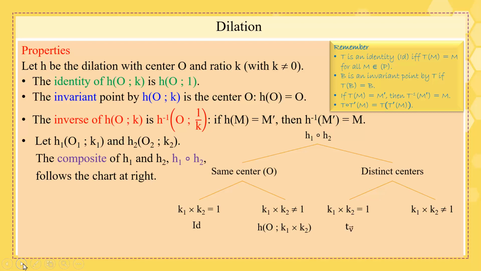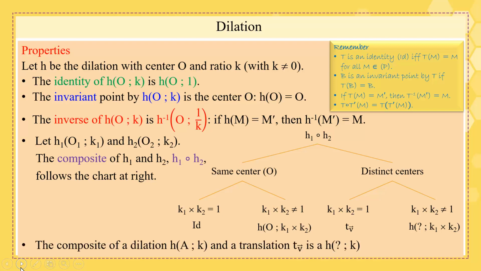But if they have different centers and the product of their ratios is 1, then the composite of H1 and H2 will be the translation of vector V. Finally, if they have different centers and the product of the ratios is not equal to 1, then the composite of the two dilations will be a dilation of unknown center to be determined under a certain condition, and the ratio will be the product of the two ratios K1 and K2.